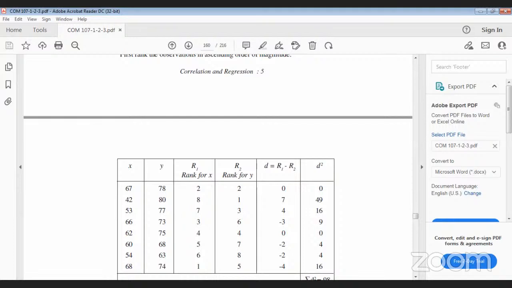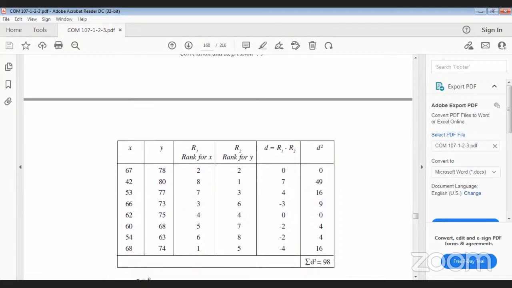Then next is 5 minus 7, minus 2. 6 minus 8, minus 2. Then 1 minus 5, minus 4.